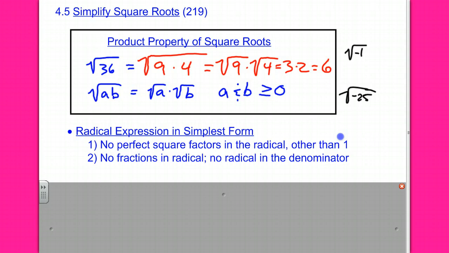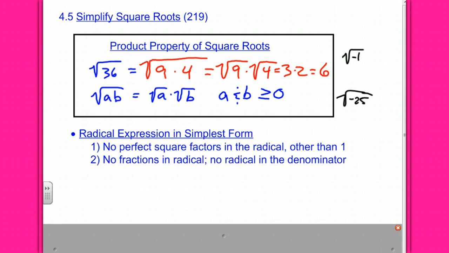Sometimes these are listed as 3. This no radical in the denominator sometimes is listed separately, but if you have a fraction in the radical, then you do have a radical in the denominator. So to me, they're linked together, and there are 2 things that must be true for a radical expression to be in simplest form. Okay, so no perfect square factors in the radical and no fractions in the radical.